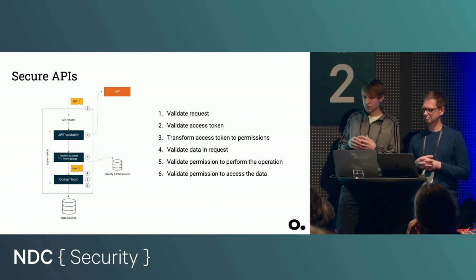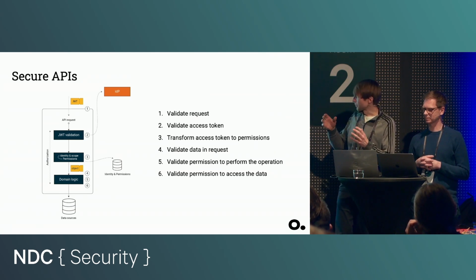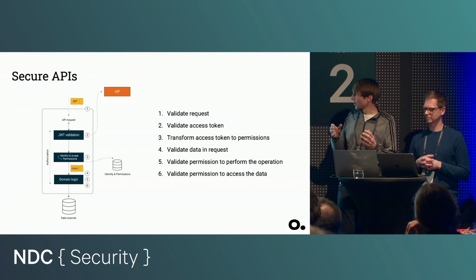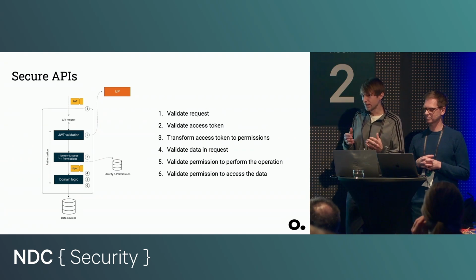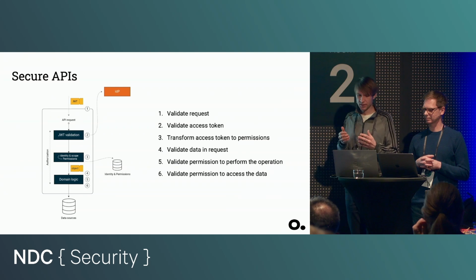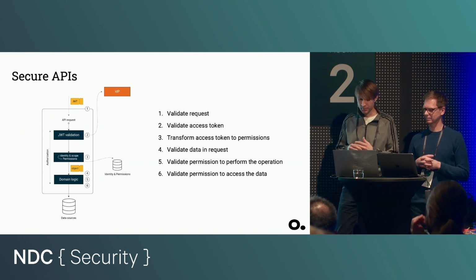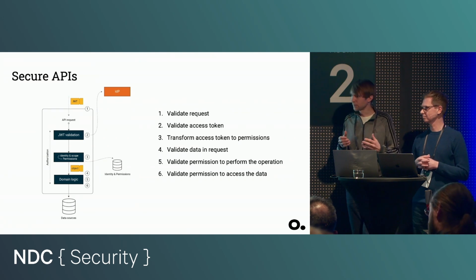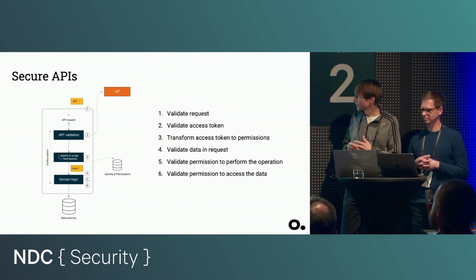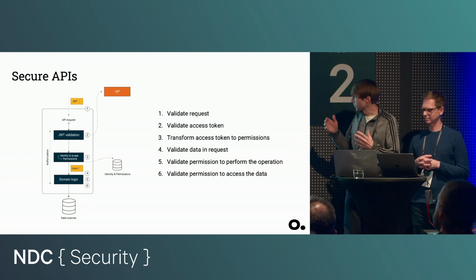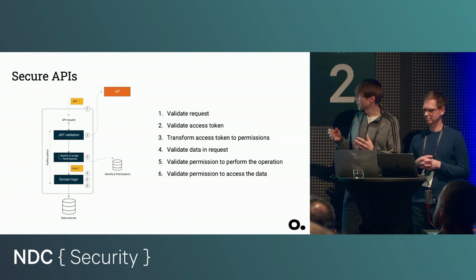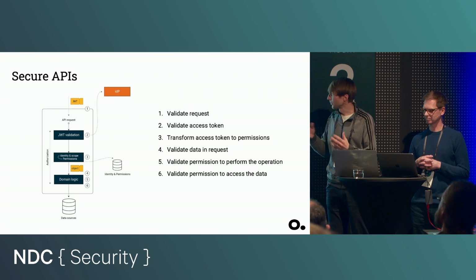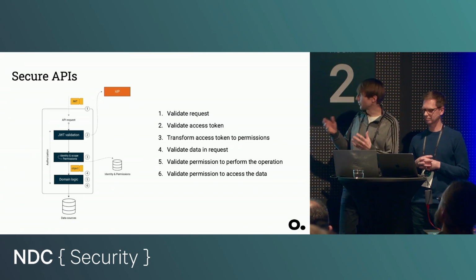But we should also note that this does not replace any token validation in the API or authorization in the domain layer. For a strong solution, we need to build with multiple defense layers. And the core business domain layer should not assume that other layers have done security like input validation or authorization.